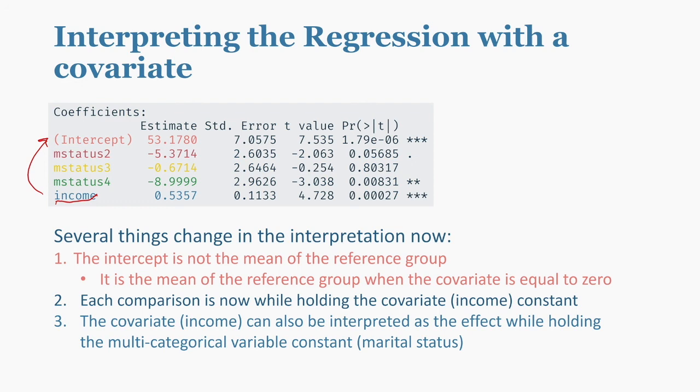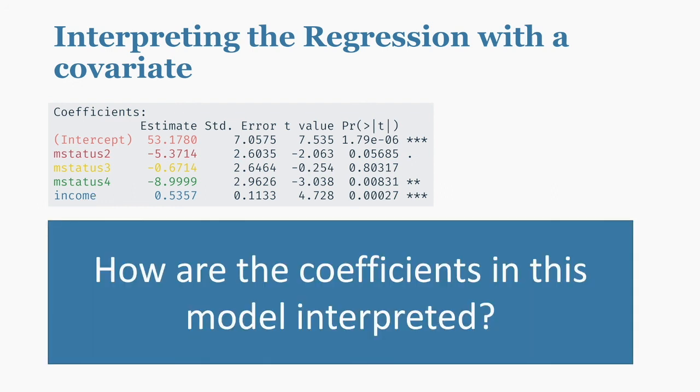So it's the mean of married when income is equal to 0. So now each comparison is going to be holding the covariate income constant, and the covariate can also be interpreted as the effect while holding our multi-categorical variable constant, which is marital status, right? So not too bad, but we can't interpret it exactly the same.